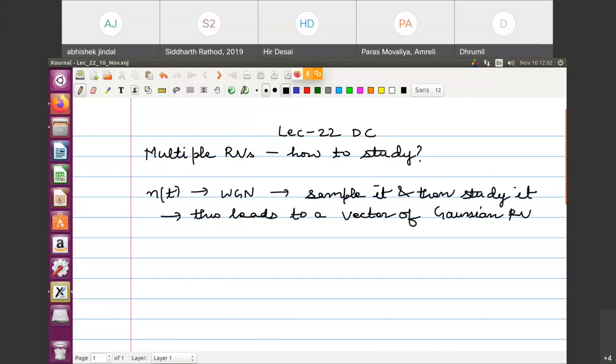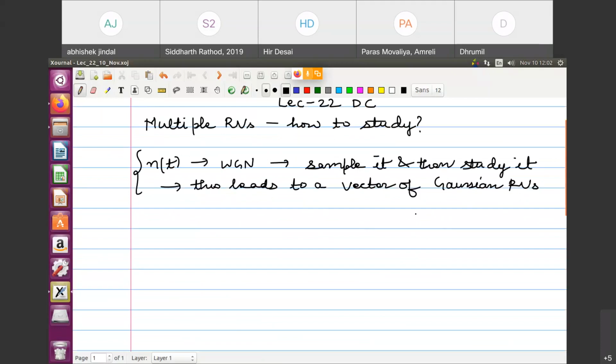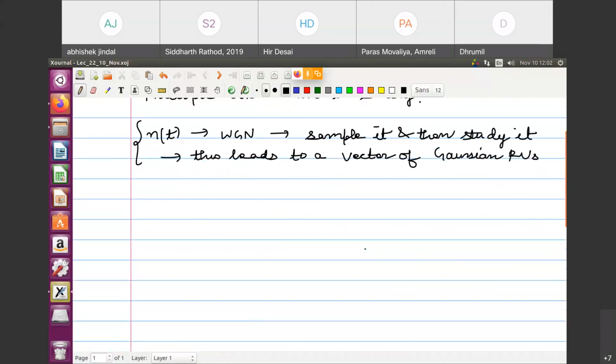So we must know how to study a vector of Gaussian random variables, or multiple random variables. The same thing. Just stack together multiple random variables and you will get a vector of random variables. So this is the motivation. We need to know how to deal with the vector of Gaussian random variables. So let us start with first of all the study of multiple random variables.